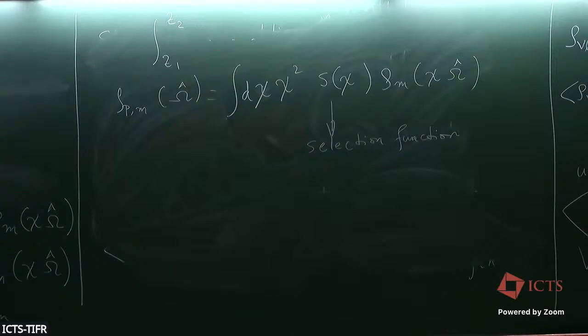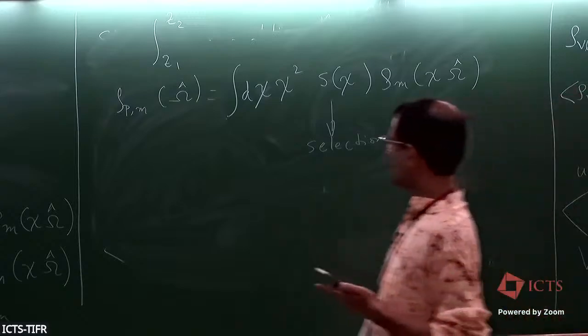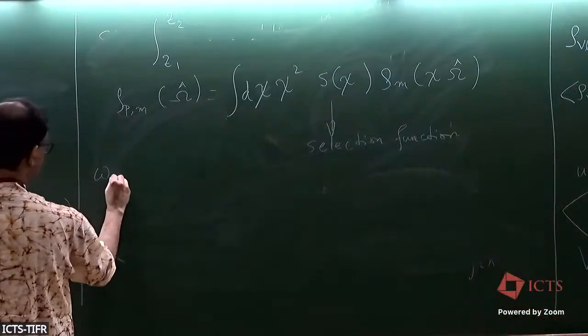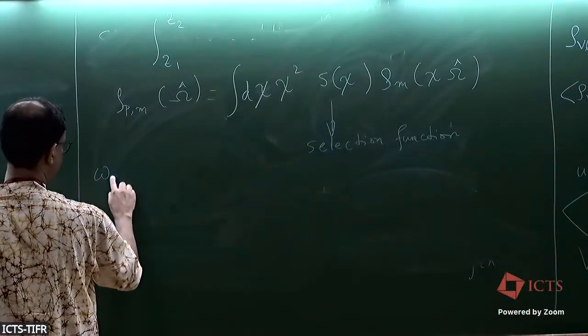Now, so far we have done everything in terms of 3D coordinates. In actual reality, you will end up working with angles. So in that case, what do you do? In that case also, you can define a correlation function. Usually the correlation functions in the projected space are called W's.